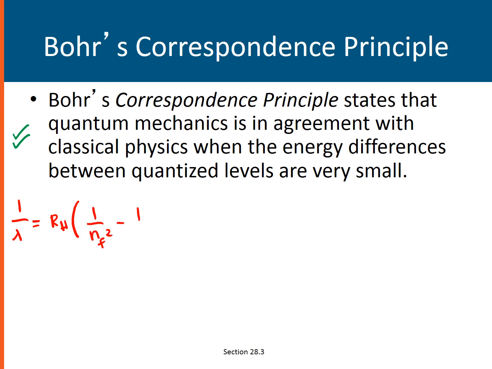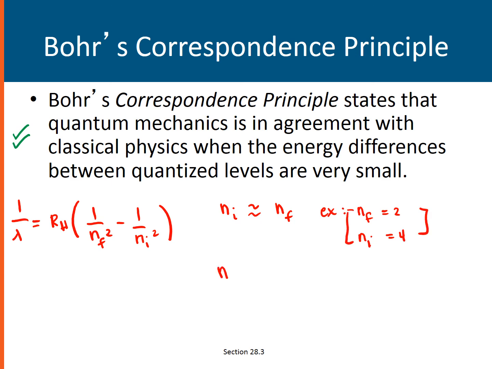Now, this equation would be true if your initial energy level is close to the final energy level. So we'd say, for example, n final is equal to 2 and n initial is equal to 4. So they are relatively close to each other.